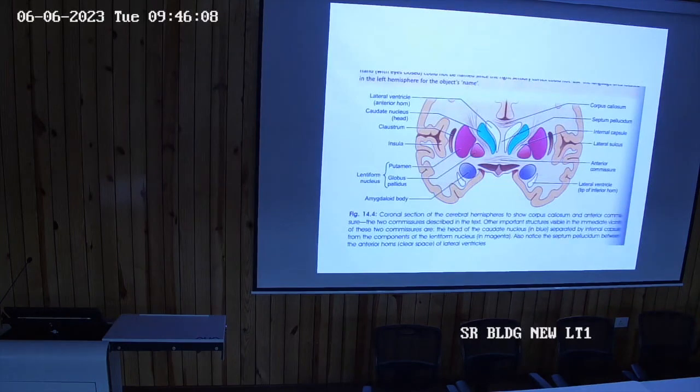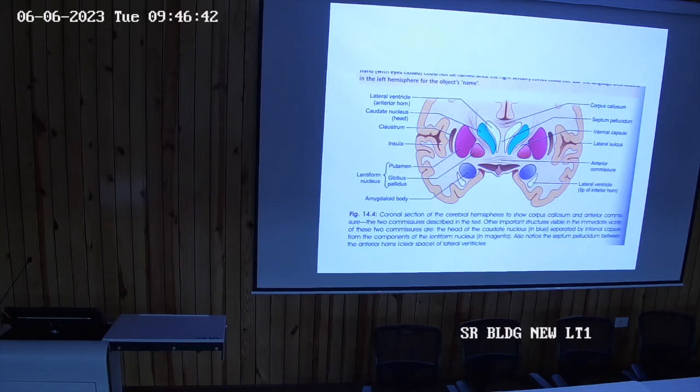What is the corpus striatum? Corpus striatum is the part which has efferent and afferent fibers, and you can see the caudate nucleus and also the lentiform nucleus.